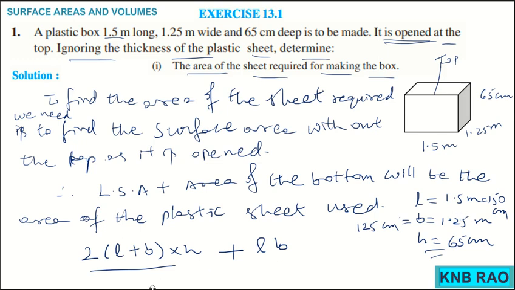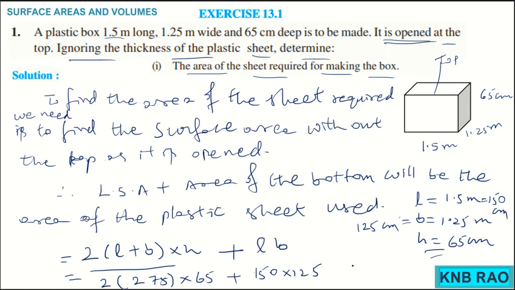Now substituting those values here: 2 times (L plus B), 150 plus 125 is 275, into height 65, plus 150 into 125. Now we will simplify this.